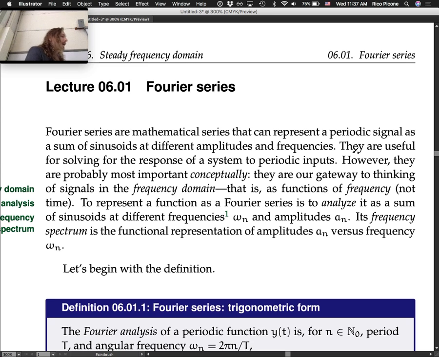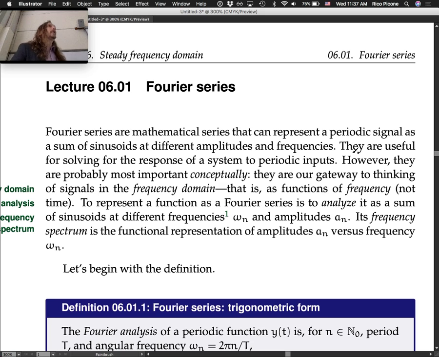So the response of the system is not just dependent on, for instance, where its eigenvalues or the roots of its characteristic equation are. It's also dependent on how it responds to each of these frequency components. And you could really think of it as being another way of looking at how the system responds. Thinking of it in terms of how does the system respond to this given frequency?